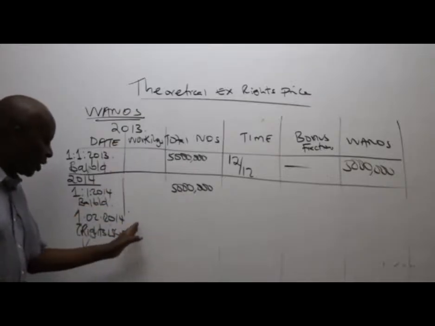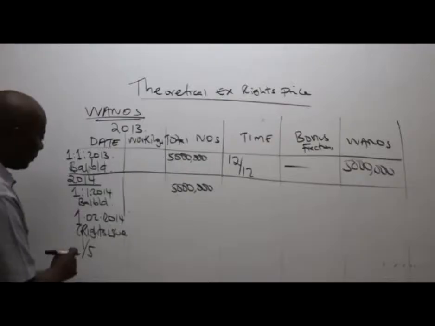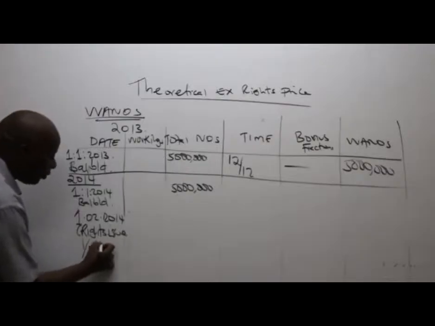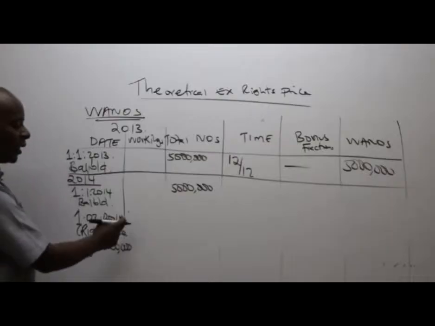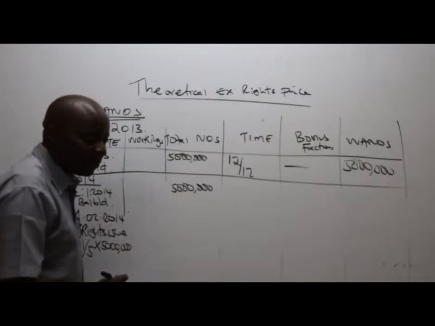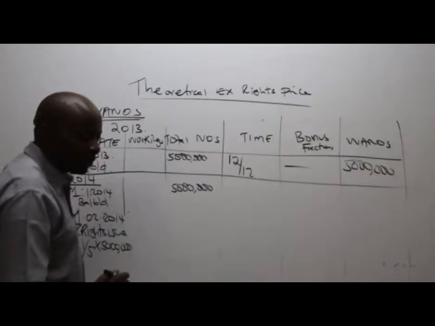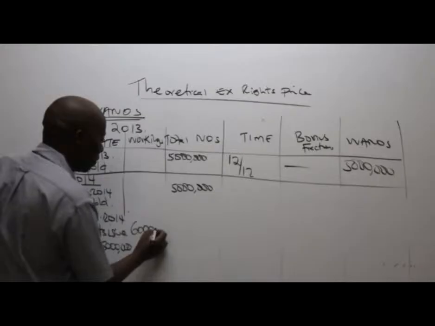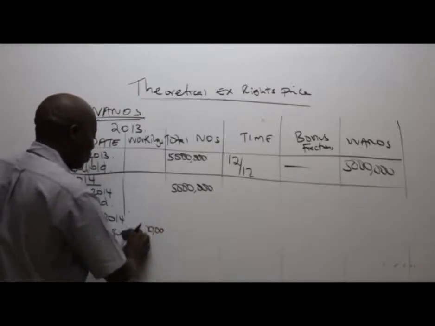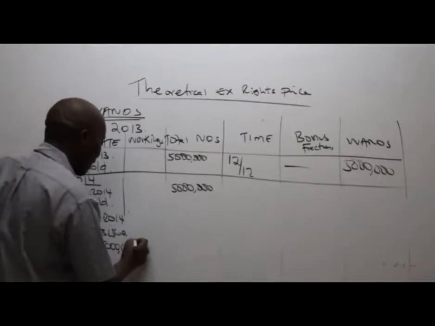If you wish, you can use this column for workings, but if I'm the one doing this, I'll talk of 1/5 of 5 million, which gives me how many shares, somebody? 6 million shares? Are they 6? No. It is 1 million.